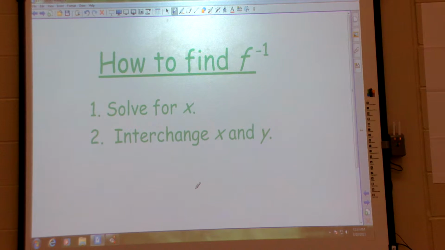First, solve for x. If you can, arrow diagram it. And then 2, interchange x and y. So wherever you have an x, switch it with y. Wherever y, switch with x.